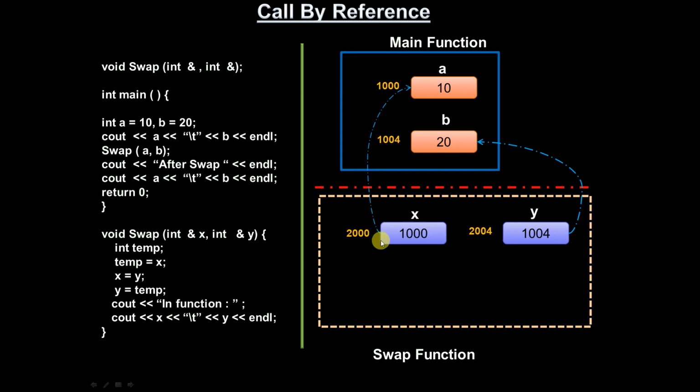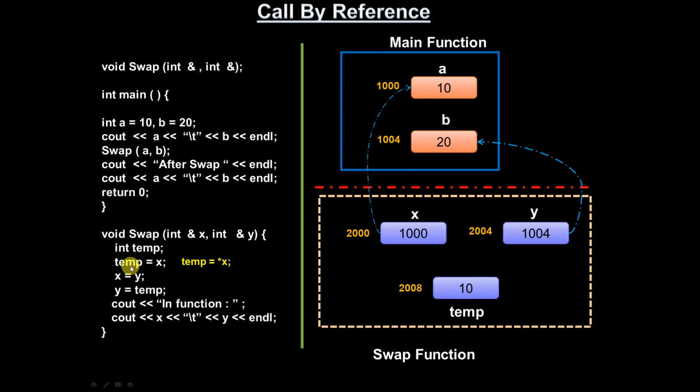So now x is holding the address of a and y is holding the address of b. Since we are talking about references, instead of holding the address, we can say x is referring to a and y is referring to b. Now int temp, one variable will be created, and here we have given temp equals x. In the previous session we have seen, whenever I am using the reference variable after the declaration, it will be replaced with star x.